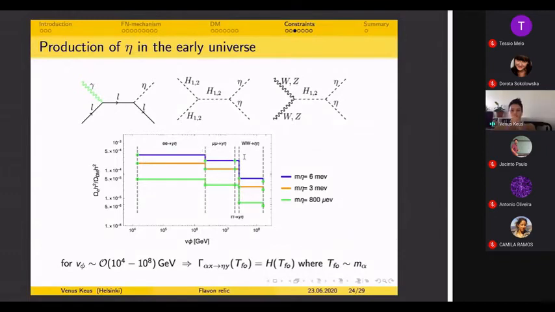Also remember that the abundance of dark matter depends on the mass of the dark matter, because the heavier the dark matter is, the more it decays into photons, right? Actually, maybe let me bring you back to this equation.